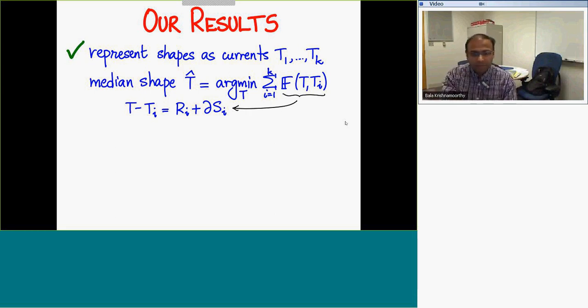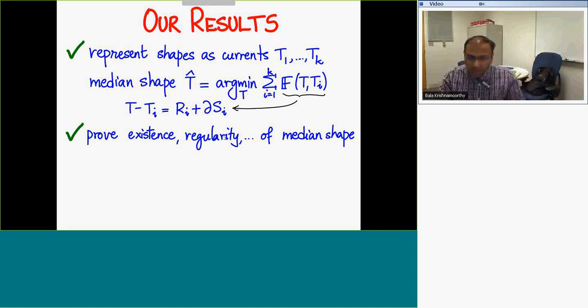When you take the flat norm distance between T and Ti, you are talking about T minus Ti being decomposed into P's of the same dimension and the boundary of S's of one dimension higher. We pose this question, and for some restricted cases, we could prove existence, regularity, and lots of other nice properties of the median shape in the current setting.